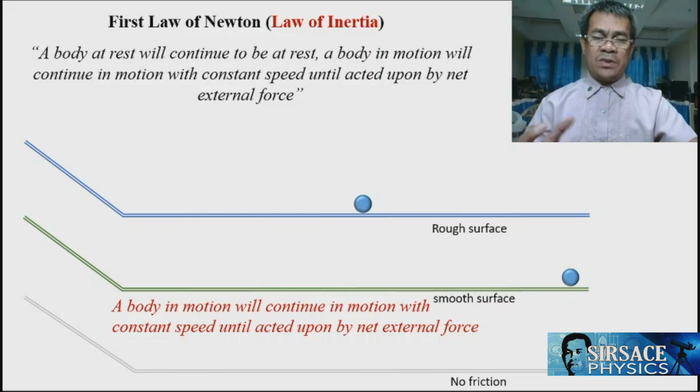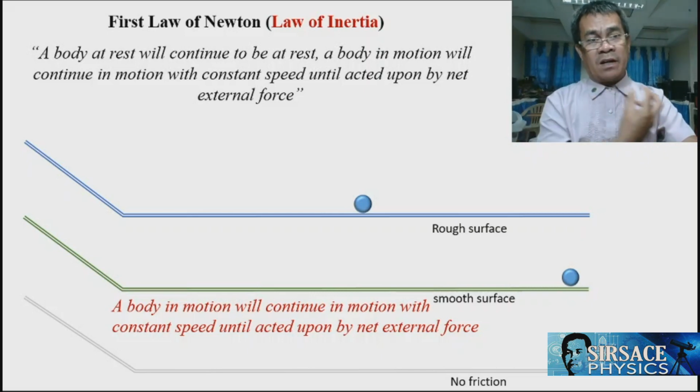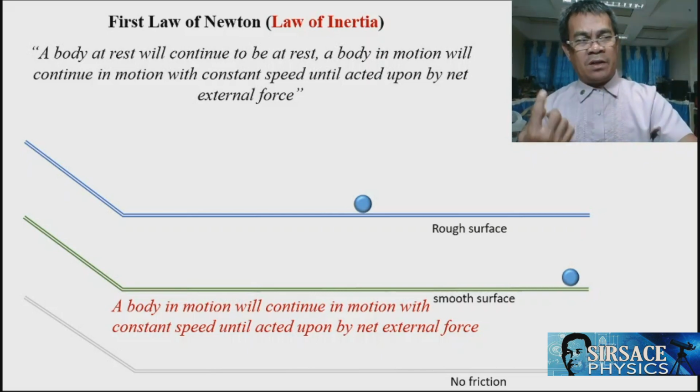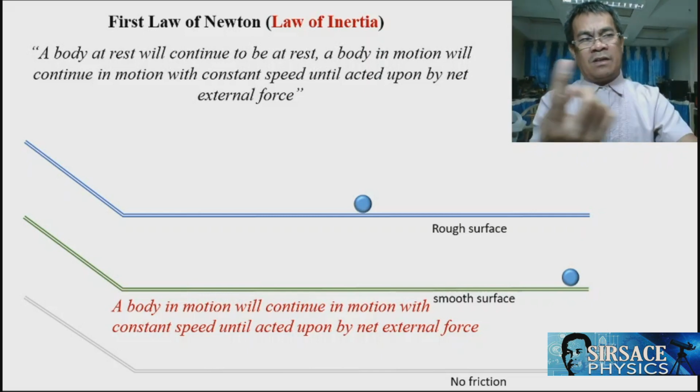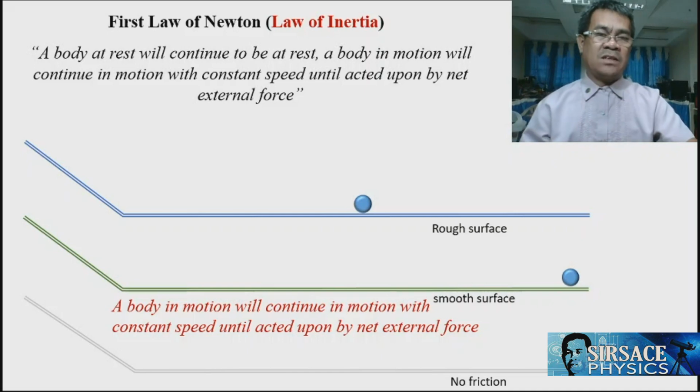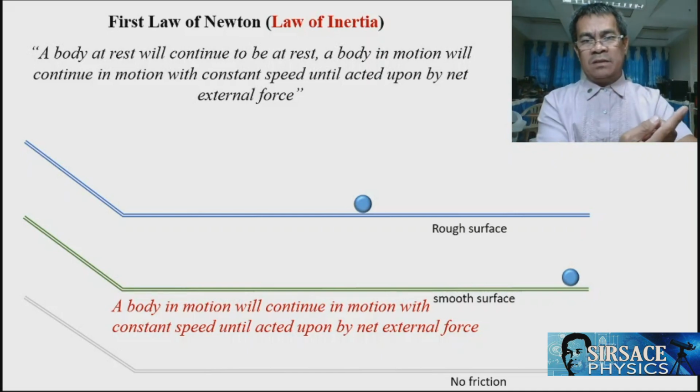And take note also that Earth is moving around the sun, and we are rotating around the sun in about 365 days. So we are moving at a constant speed around the sun. It is because there is no net external force while moving around the sun.